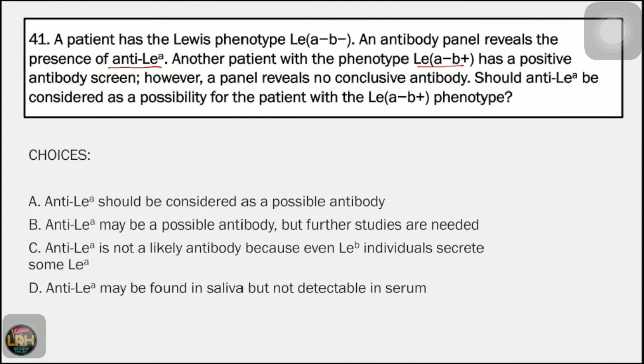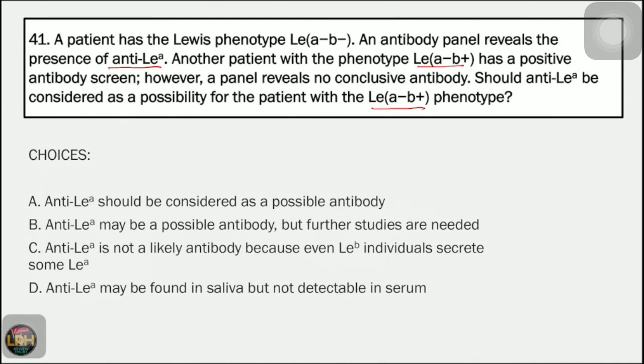Should an anti-Lea be considered as a possibility for the patient with the Lea negative, Leb positive phenotype? In some instances, those individuals secreting Leb, so individuals who have inherited the Le gene as well as the Se gene, can still secrete minimal or small amounts of the Lea antigen.